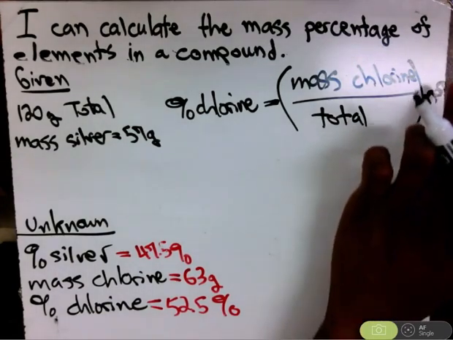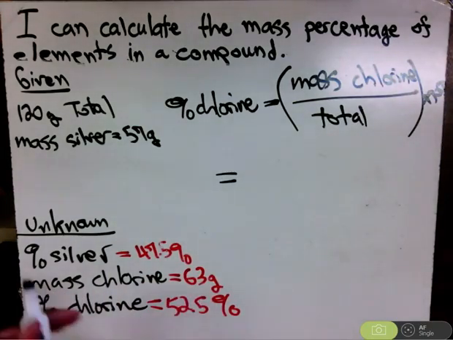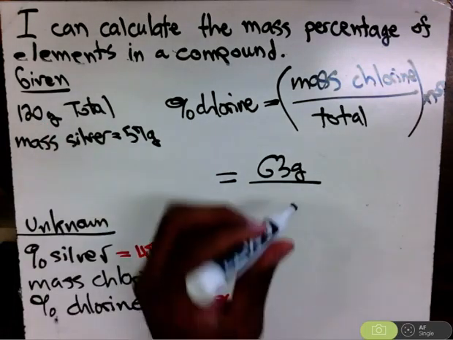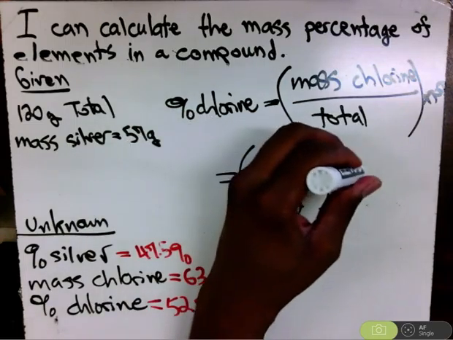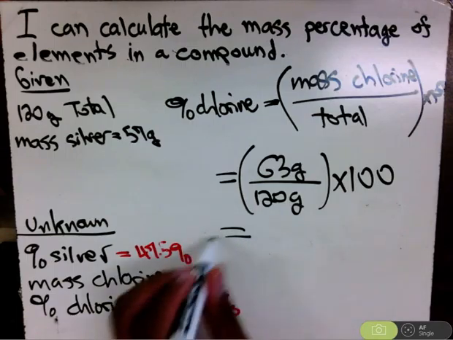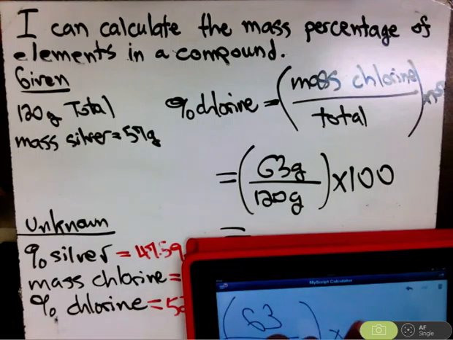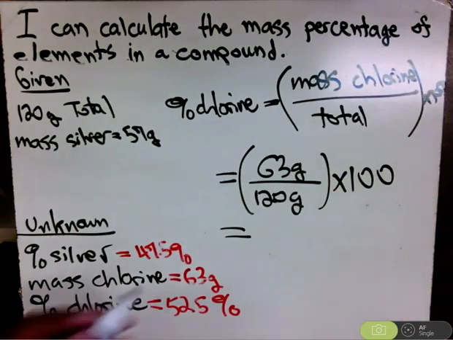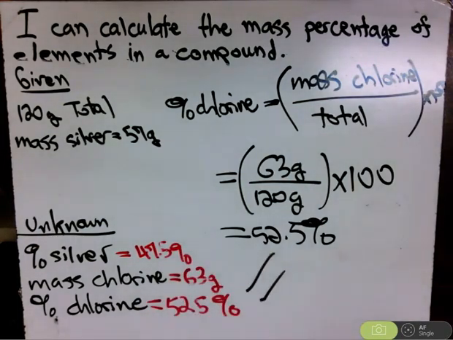So my percent of chlorine is going to be the mass of chlorine, 63 grams, divided by my total, 120 grams, multiplied by 100, which is 63 over 120 times 100. 52.5. So I get the same answer.